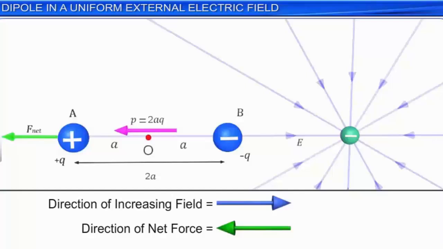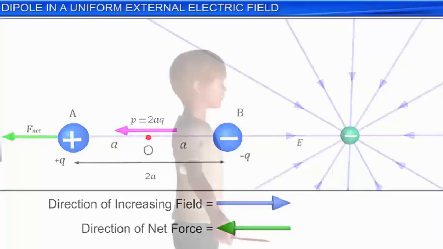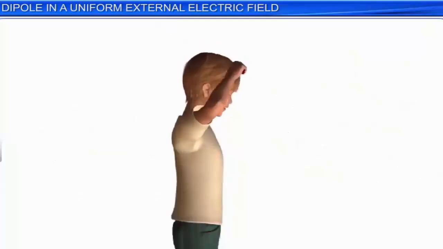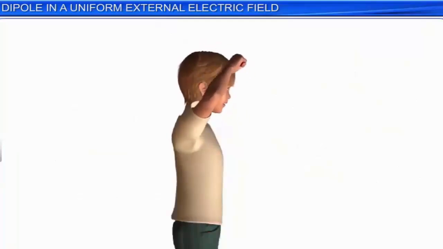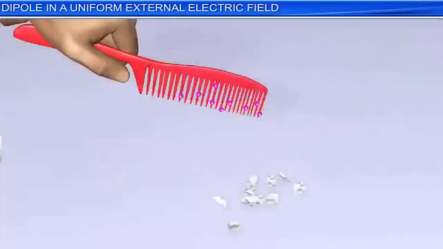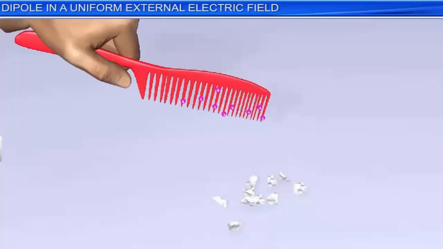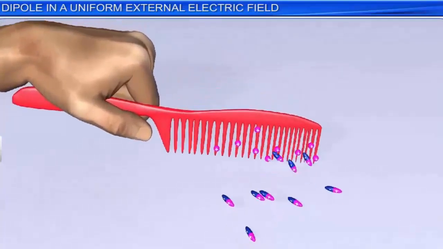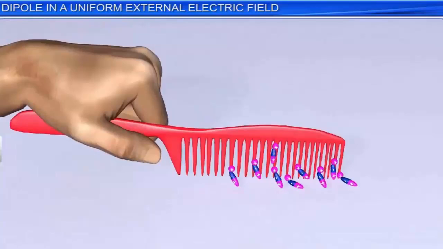We know that when a dry plastic comb is run through dry hair, it gets charged by the method of friction. This dry comb can then attract pieces of paper. Here the pieces of paper are not themselves charged, but the electric field created by the charged comb induces a net dipole moment in the pieces of paper in the direction of the electric field.